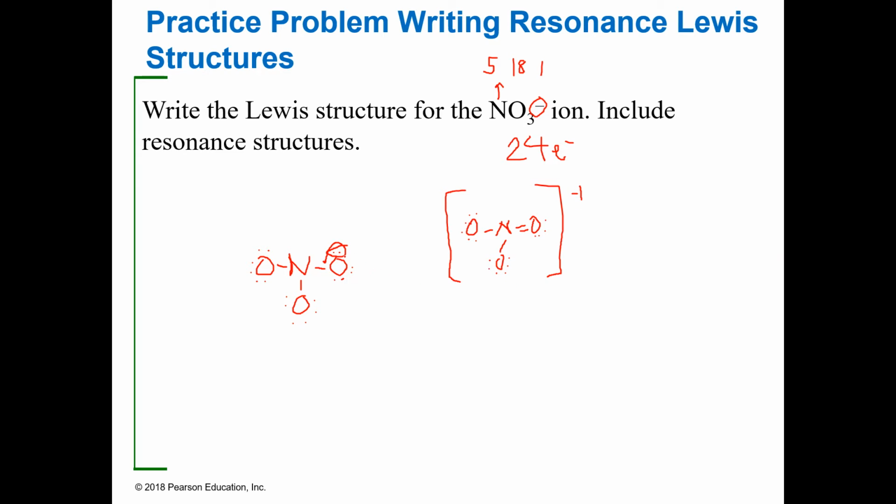Okay. Now, here, who's to say that I had to pull from this oxygen? Could I have pulled from this one? Sure, I could have. I could have also pulled these two instead and gone here. And if that was the case, then my double bond would be here.